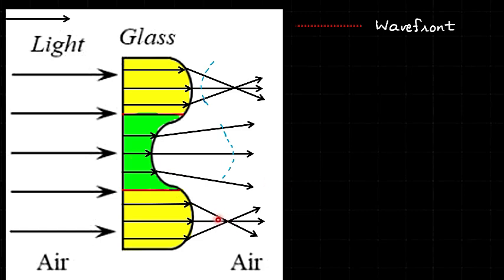And for this part also the wavefront would be spherical like that, and center would be here. And if we join all these with a smooth curve, we'll get the shape of the wavefront, and that would be the proper shape of the wavefront for the emergent ray.